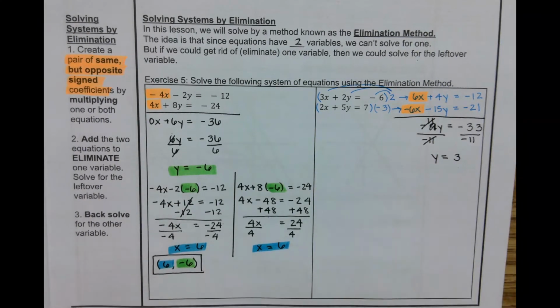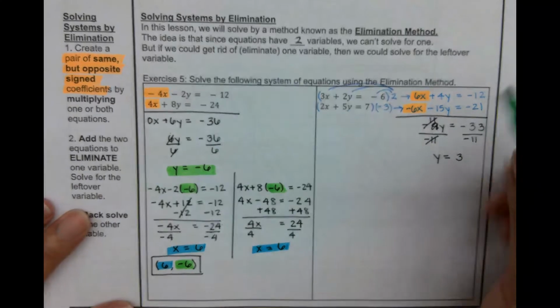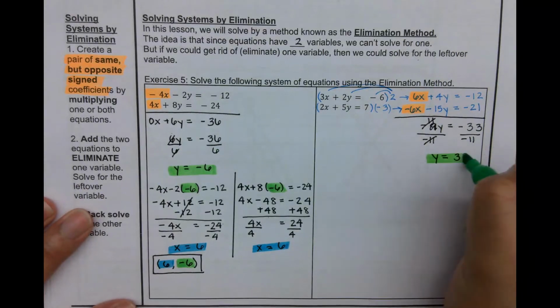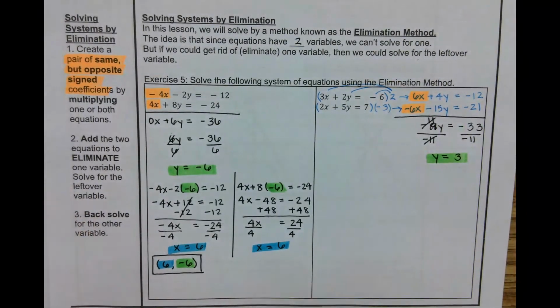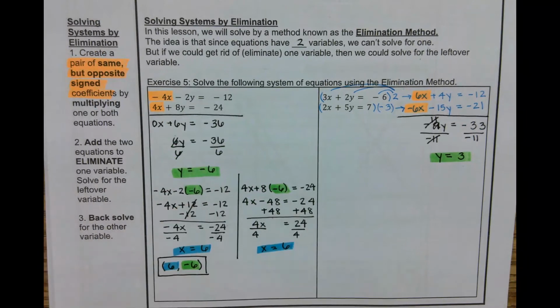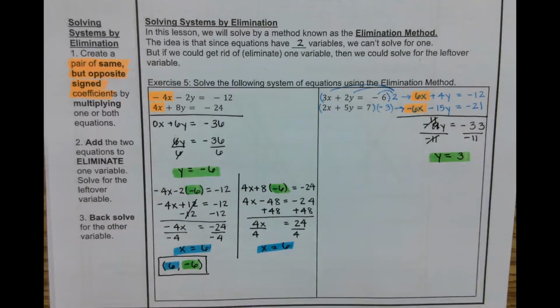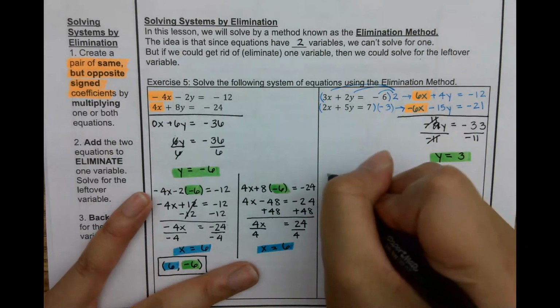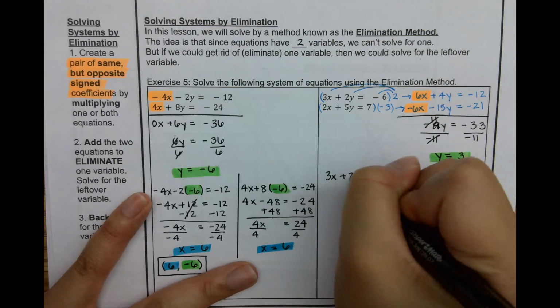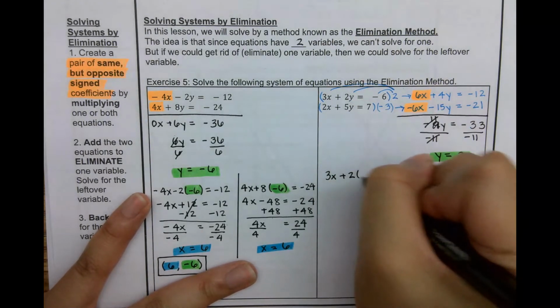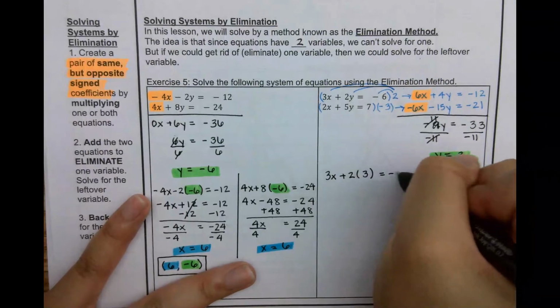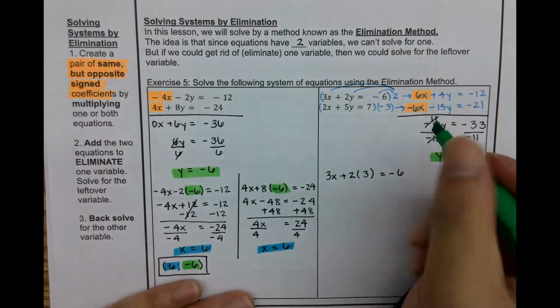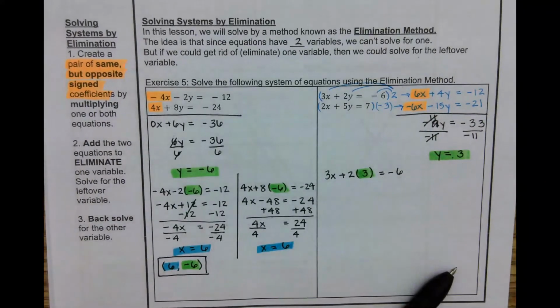Okay. Now that I have y equals 3, I'm going to take it and plug it back in. Okay. I already showed you earlier that it didn't matter which one you plug it into, so I'm going to just do the first one. So 3x plus 2y, y is now 3, so I'm going to plug in that 3 for y. And I'm going to solve for that x.